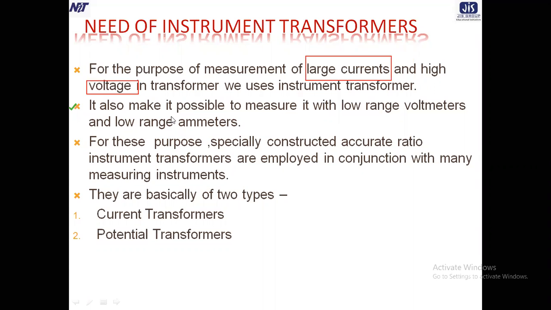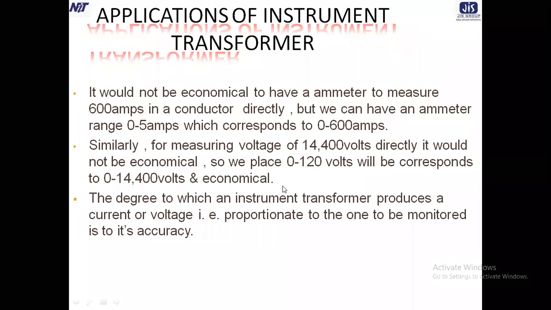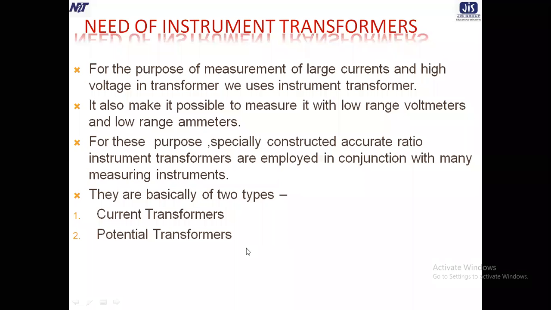For this purpose, specially constructed accurate ratio instrument transformers are employed in conjunction with many measuring instruments. They are basically of two types: one is the current transformer and the other is the potential transformer. So these are the two types of instrument transformer you will find. So that's the need of instrument transformer.